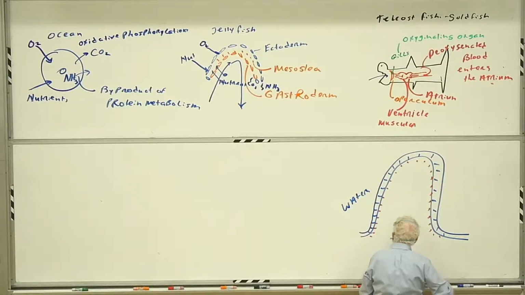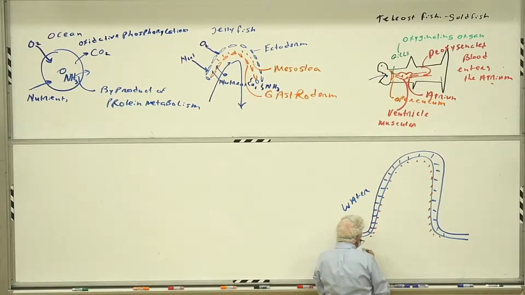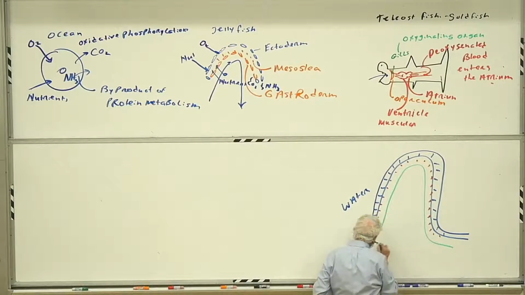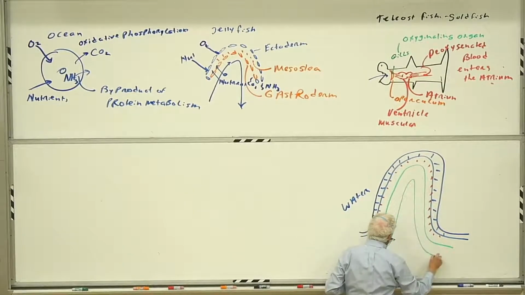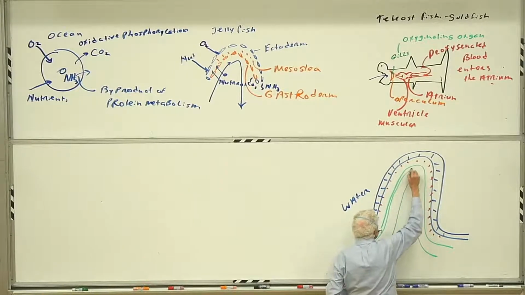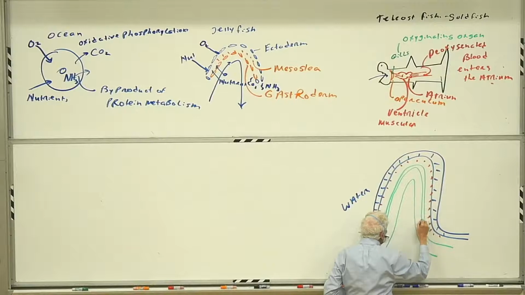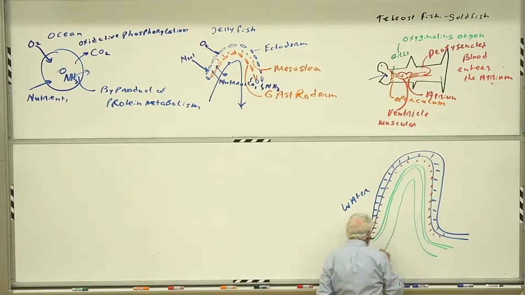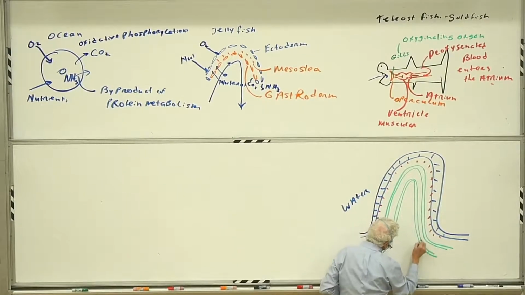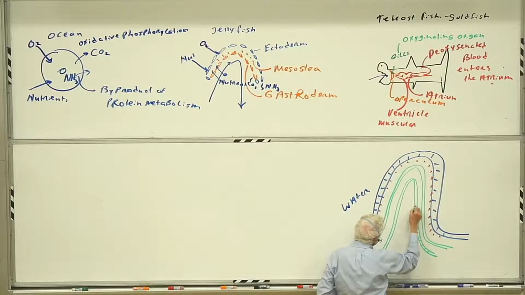And then immediately beneath those epithelial cells will be a blood vessel. I'll try to do my best to draw this. What I'm trying to show is that blood vessel is going to be composed of a continuous layer of endothelial cells. So these are all meant to be, I won't do them all, but these are meant to be endothelial cells.